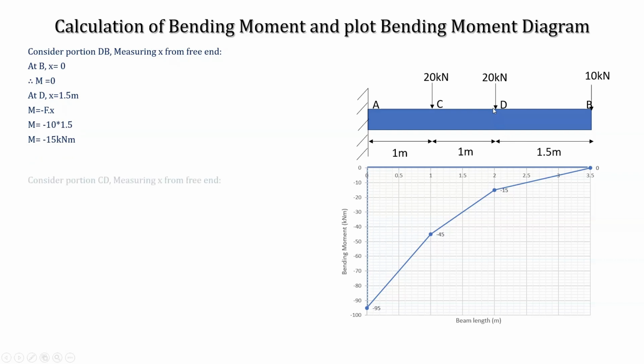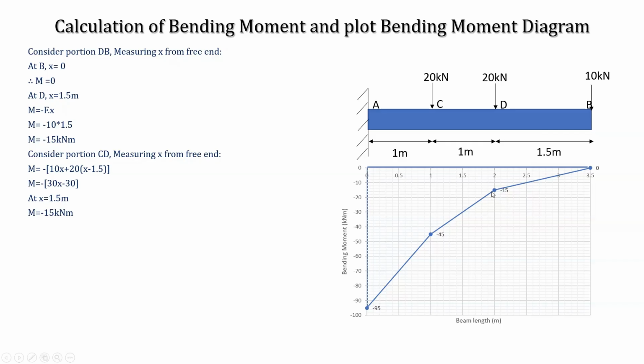Next, coming to the portion CD. So we have got the forces at B and D. From the free end, this is the force. Considering the effect of 20 and 10 kilonewtons, at a distance of x equal to 1.5 meters, we have got the bending moment at the portion CD to be equal to minus 15 kilonewton meters at the point D. Then adding on the perpendicular distance, that is 1.5 plus 1 meters, we have got x equal to 2.5 meters now.